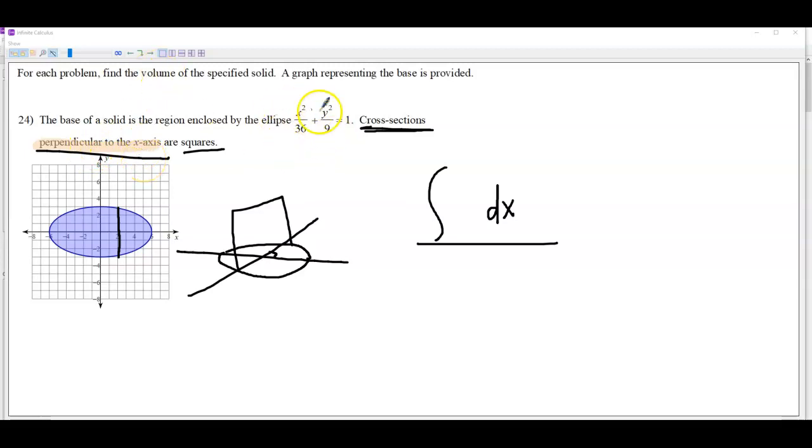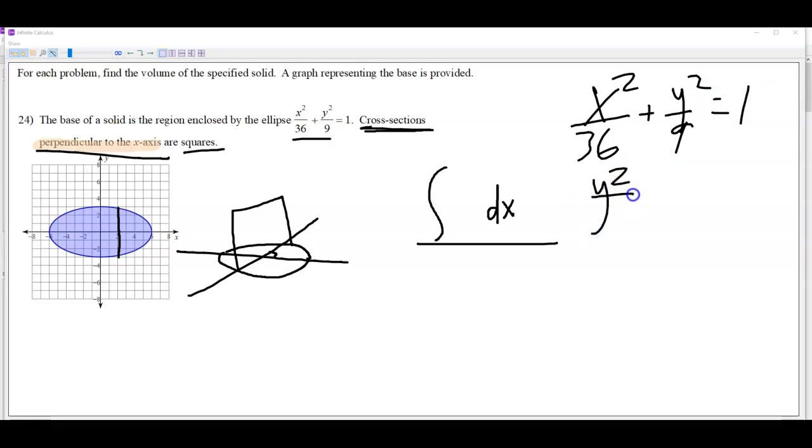All right, so the first thing we've got to do is get the y by itself, because we want the equation to be in terms of x here. So I'm going to take this equation here, and subtract the x squared over 36 on both sides, which will give me this.